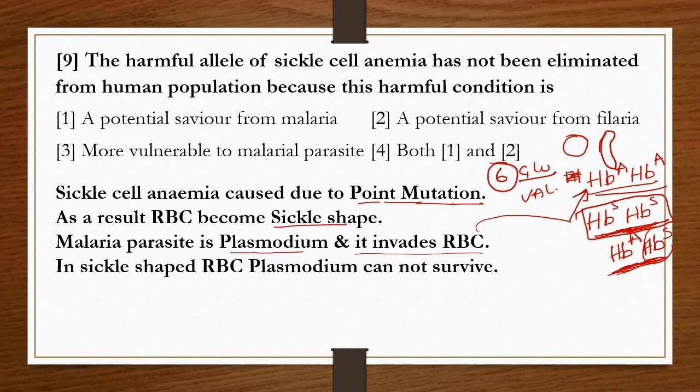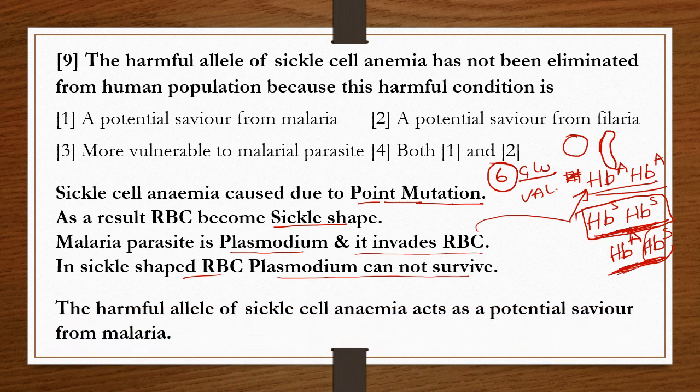Now, in sickle shaped RBCs, Plasmodium cannot survive, cannot get any nutrient, because the hemoglobin content is reduced. So it cannot survive in the sickle shaped RBC. Hence the harmful allele of sickle cell anemia acts as a potential savior from malaria.